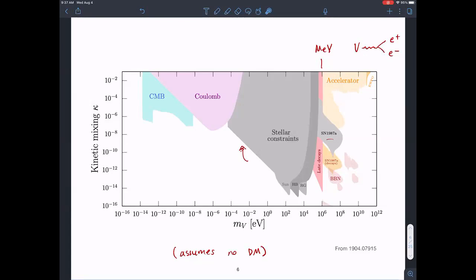I don't want to go into all of these constraints too much, but I can say a little bit about each. These islands are coming from producing the dark photon out of the thermal bath, and then they decay again, I believe. Because that's a combination of effects, it's only really sensitive to particular islands.